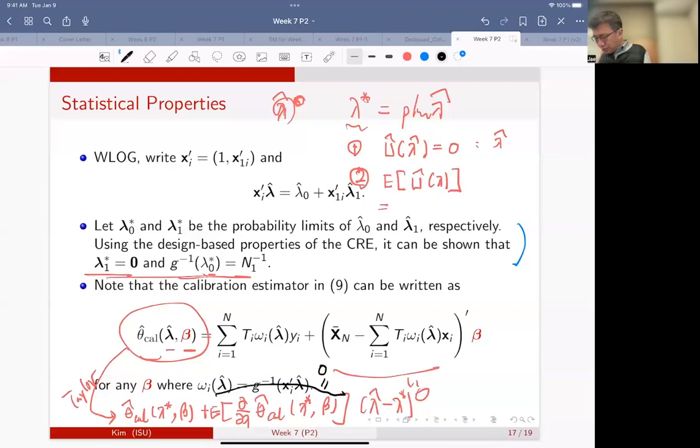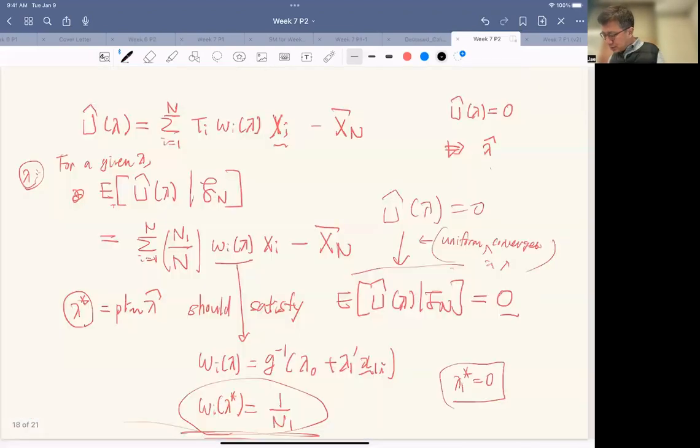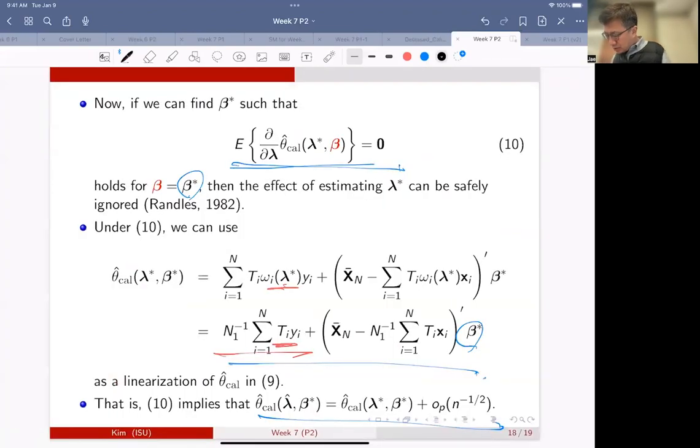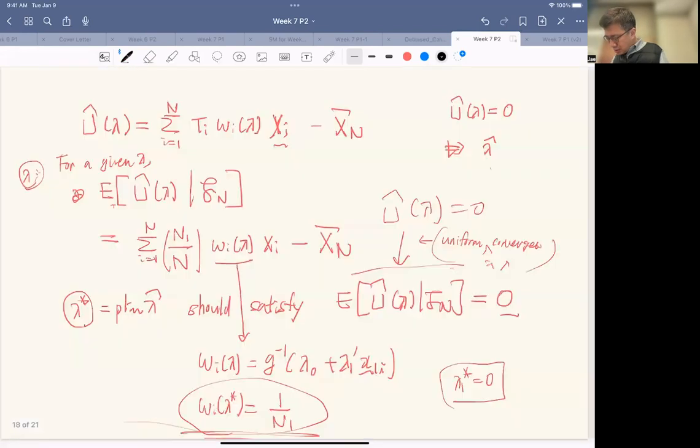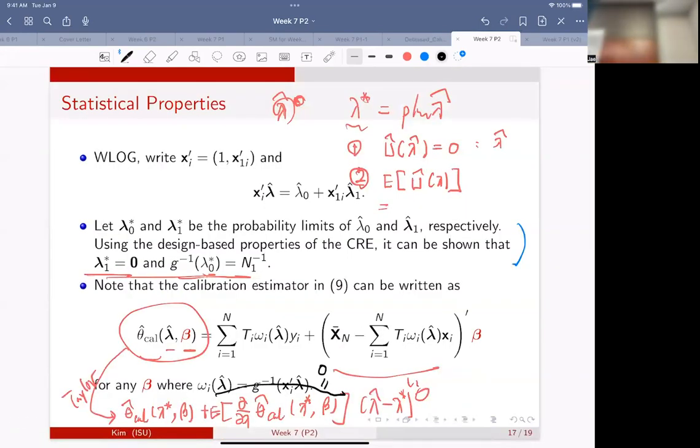Okay, so that means this is not equal to zero in general. In general, it's not equal to zero. But on some particular value of beta, we could achieve this.